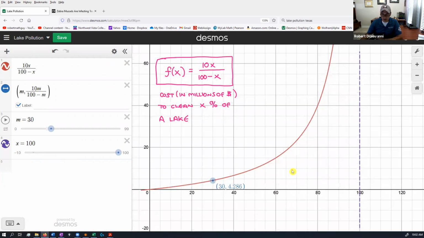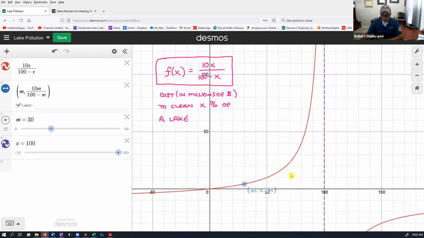So if we try and get to 100%, look what happens to this number. If we try and do, let's say, 50% of the lake, $10 million to clean half of it. But as we try and go more, look, 20 million, 30 million, now it's taking off, right?